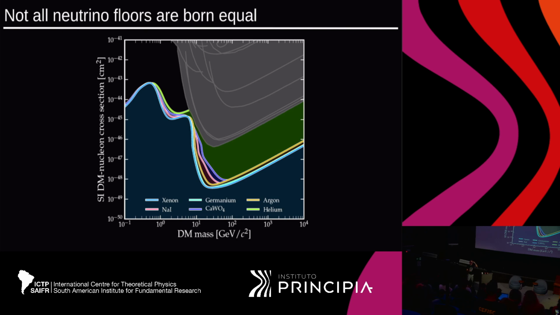But once you have one signal, you know where you want to put your effort, and then you start designing other experiments with different target materials, different techniques, to cross-check that signal and get more information, and see if it's compatible with neutrinos, with other sources of background. Just one signal won't be enough.